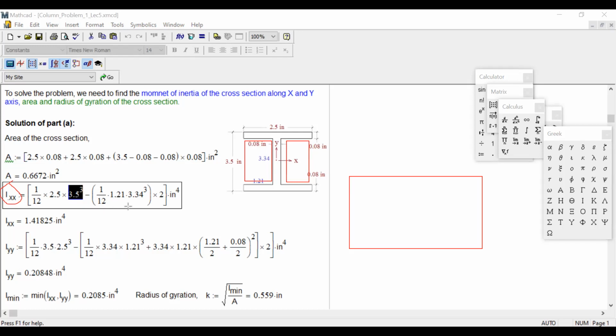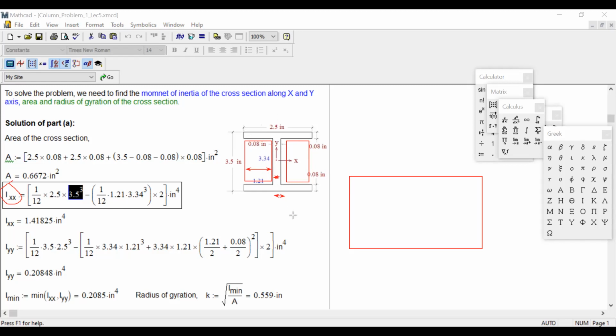So 1 by 12, what is the B? B will be the distance from here to here. You can easily figure out. Total distance 2.5, then subtract 0.8, because if you look in the question, this dimension is 0.8.